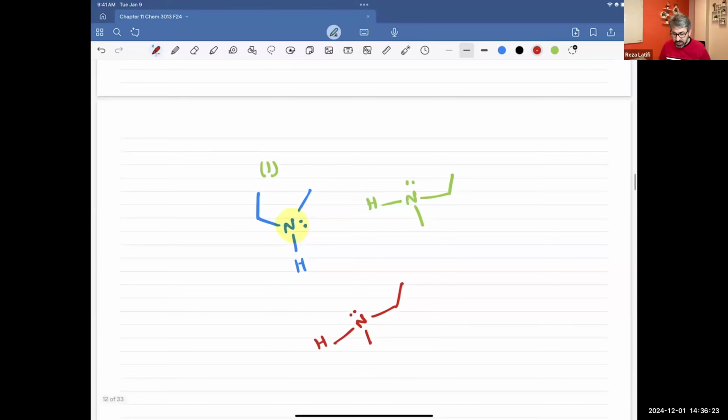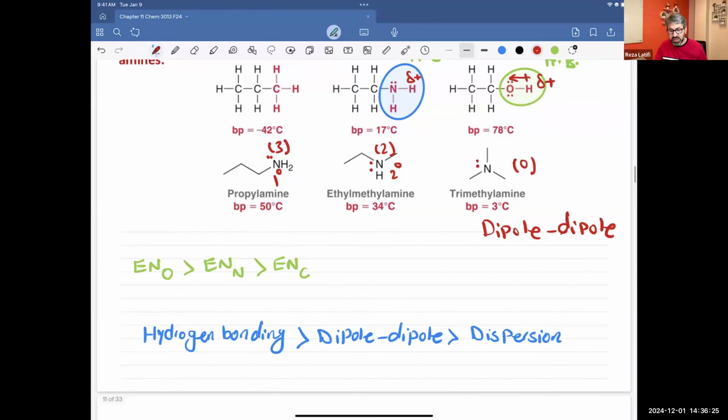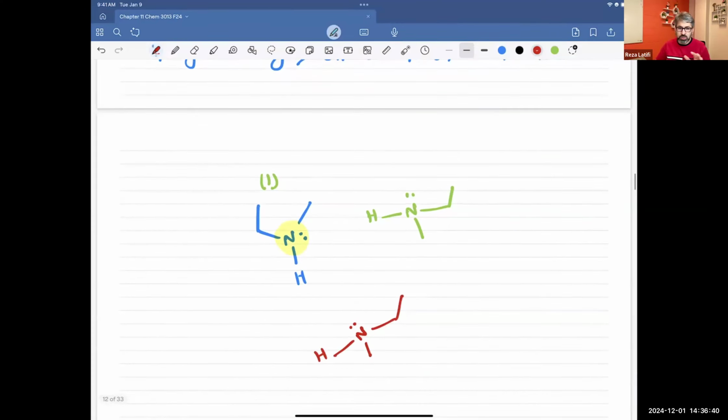Now, you might ask, how come the secondary amine can form 2 hydrogen bonds while we have only 1 hydrogen attached to nitrogen? Where do you get the second hydrogen bond? And how come we don't have hydrogen bonding in trimethylamine? Imagine the blue one is your starting molecule.